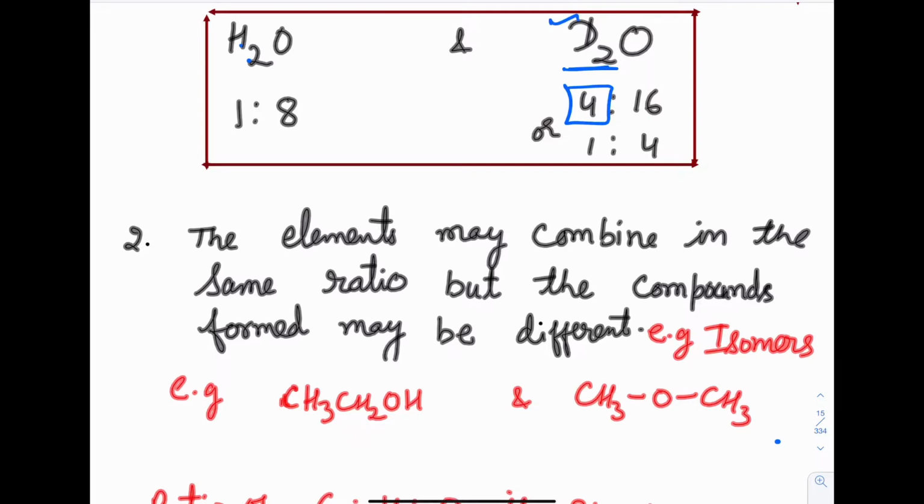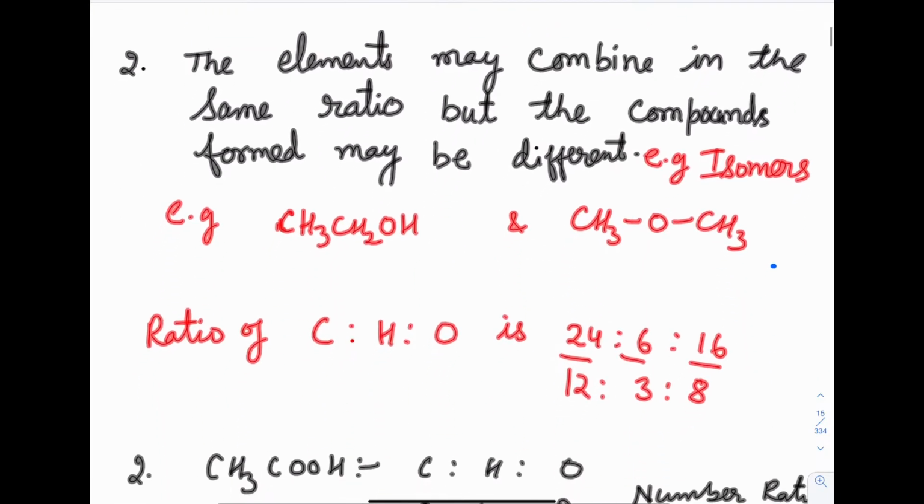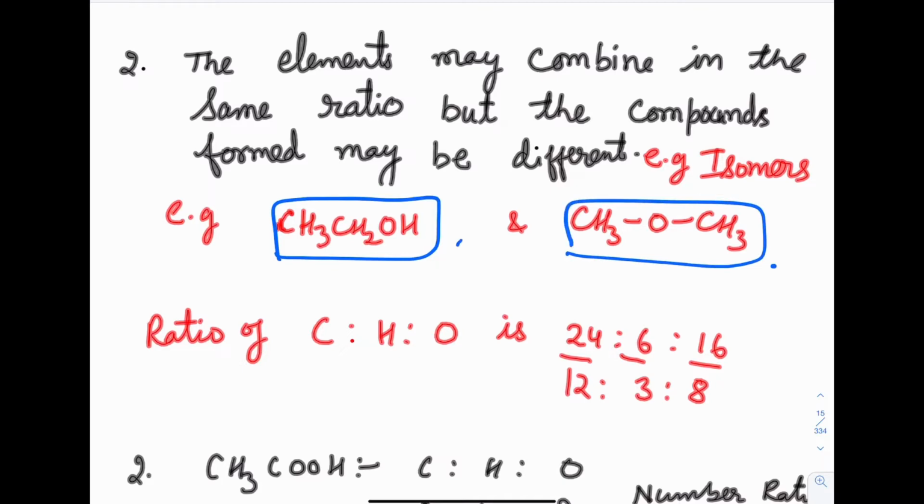The second limitation: different compounds can have the same mass ratio. For example, in isomers, this is ethanol and this is ether. Both have the same formula, C2H6O.